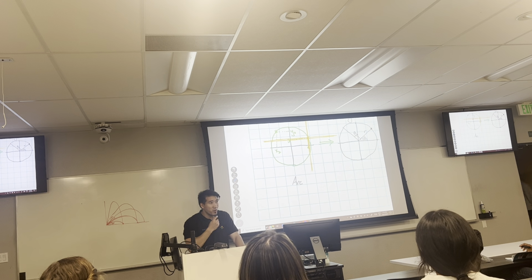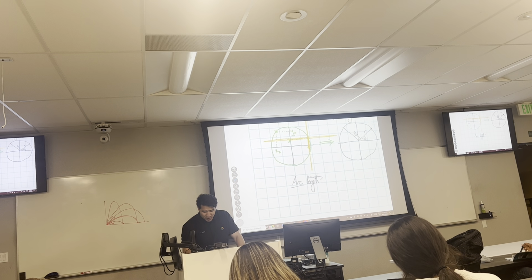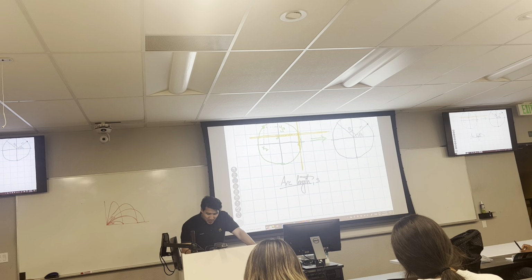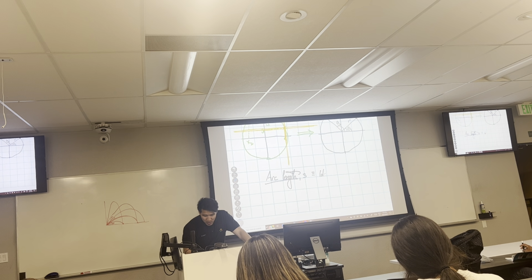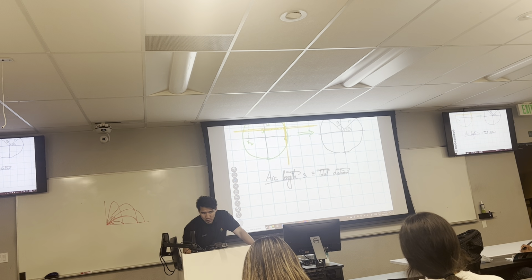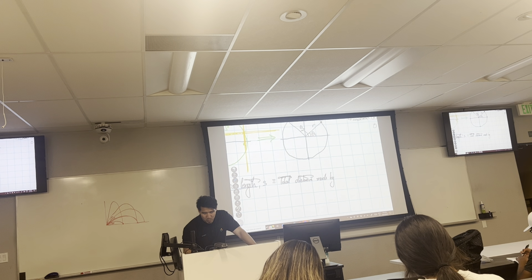You guys can call it number 4, that's fine. But this is what is called the arc length. Arc length S is defined as the total distance made by theta.